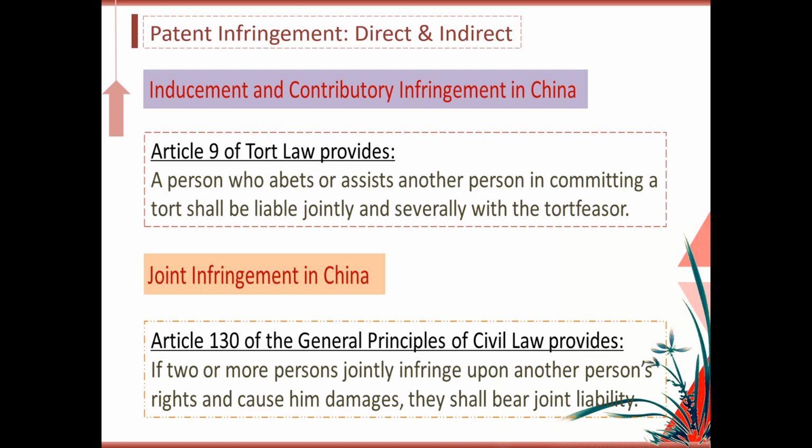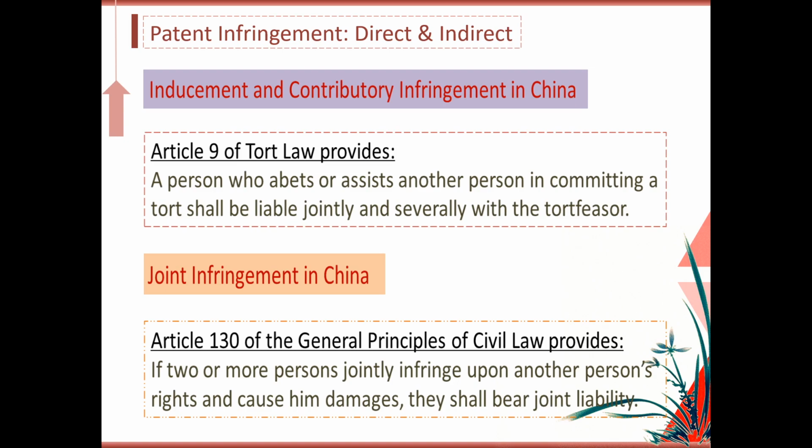The theories for imposing liabilities for inducements and contributory infringements have been evolving and growing significantly in recent years. Why?